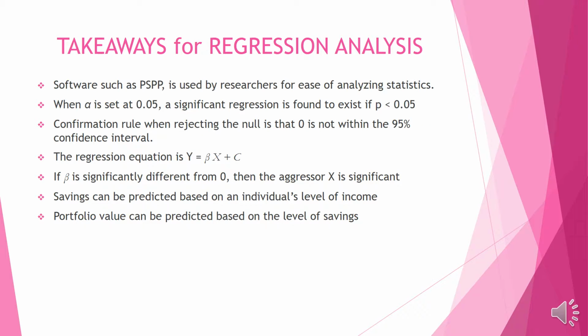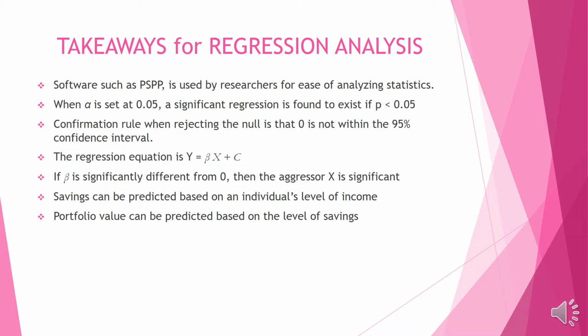Our important takeaway for the regression analysis is that software such as SPSS is used by researchers for ease of analyzing statistics. When alpha is set at 0.05, a significant regression is found to exist if p is less than 0.05. The rule for rejecting the null is that 0 is not within the 95% confidence interval.